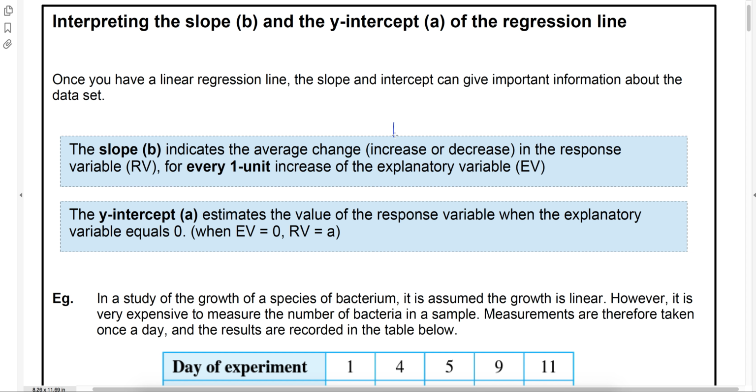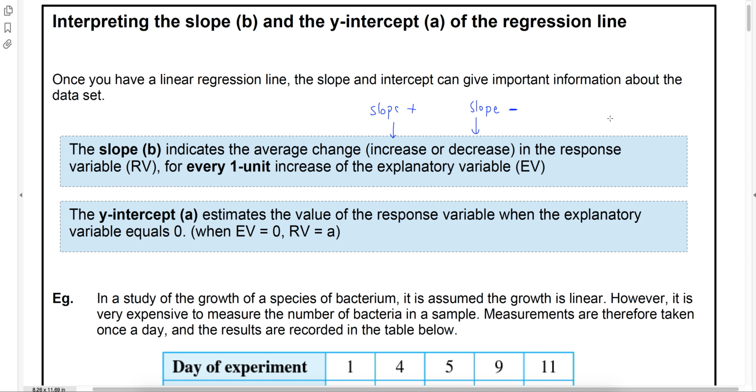When your slope is positive, it will be an increase. When your slope is negative, it will be a decrease, which is why I've said increase or decrease here. Either of those could be happening. So it's the increase or the decrease in the response variable, the RV. This is very important: it is for each 1 unit increase of the EV.